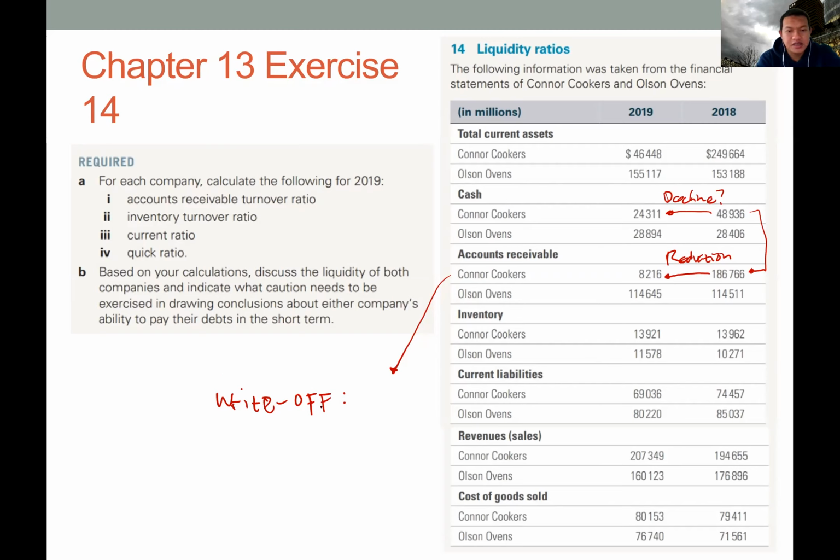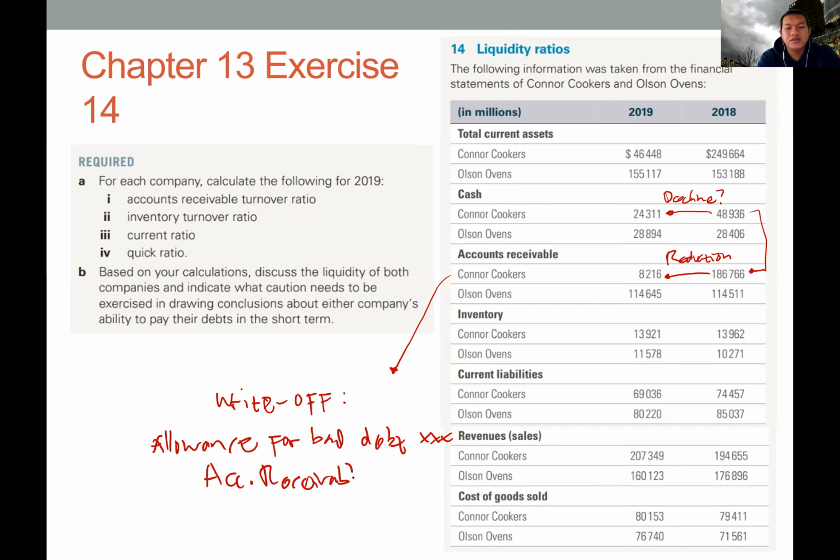Basically they make this journal entry. In the debit they will have allowance for bad debt, and in the credit they will have account receivable.